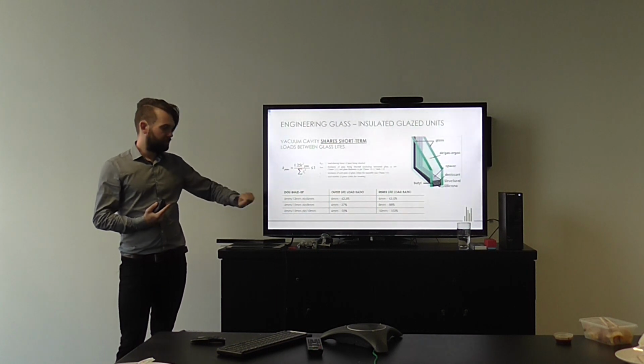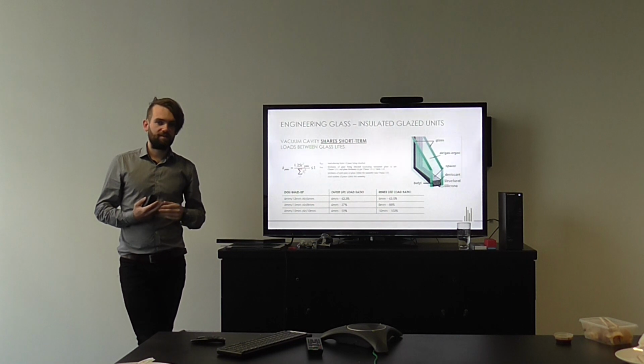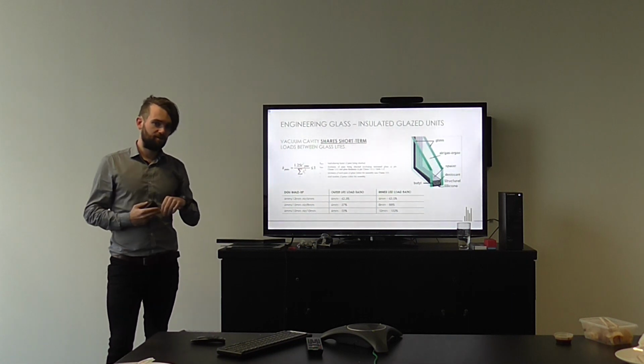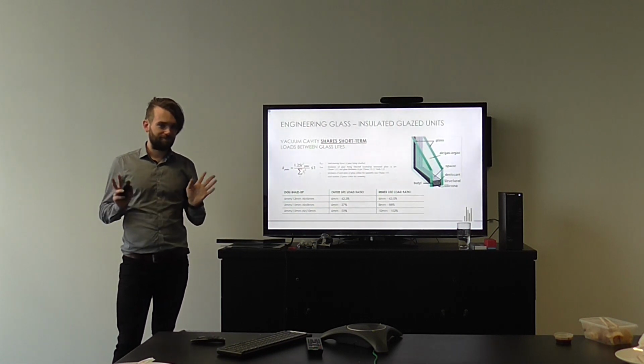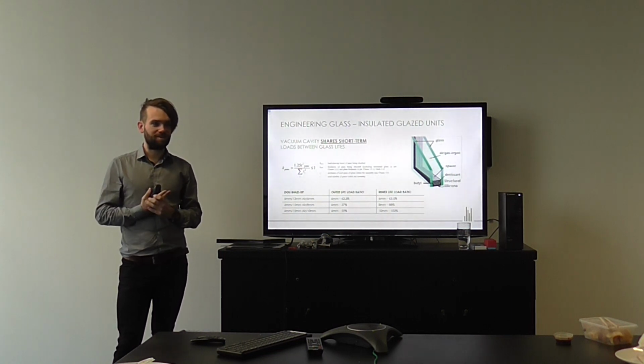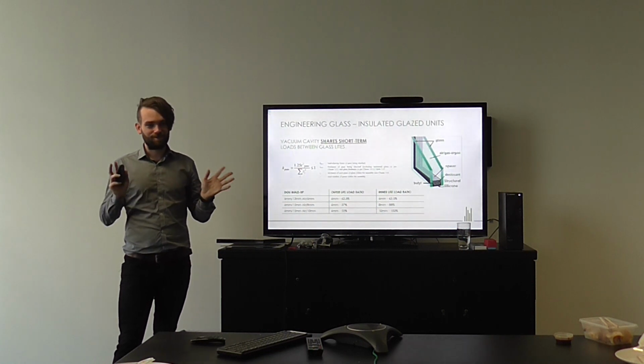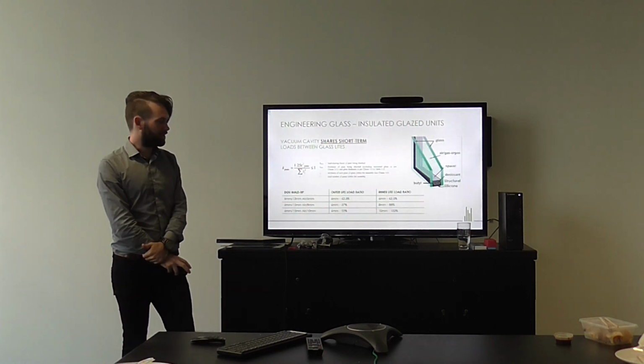So if we have 6 mil pieces of glass, each individual light of glass takes 62.5% of the wind load. Now, it's a little bit funny because if you add that up, it means that the total wind load being applied to the glass is 125% of what it originally was. It's a bit peculiar, but it's just the way the standard works.